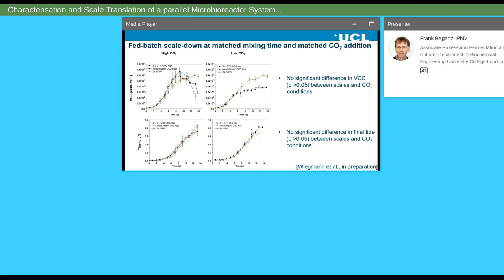In addition, the final titer was not significantly different between the scales and CO2 conditions. This indicates a difference in the cell-specific productivity caused by the difference of the CO2 concentrations in the inflowing gas.